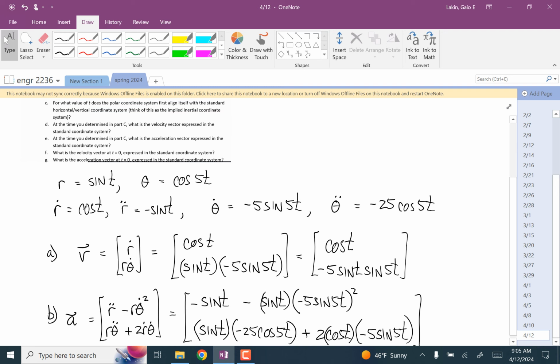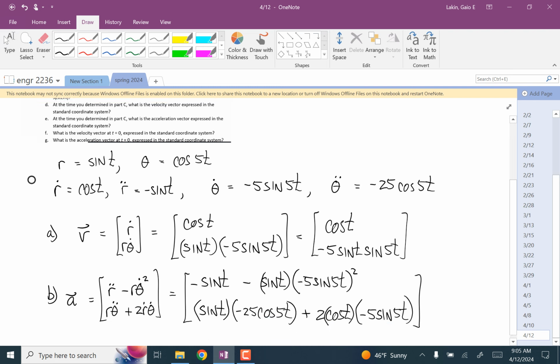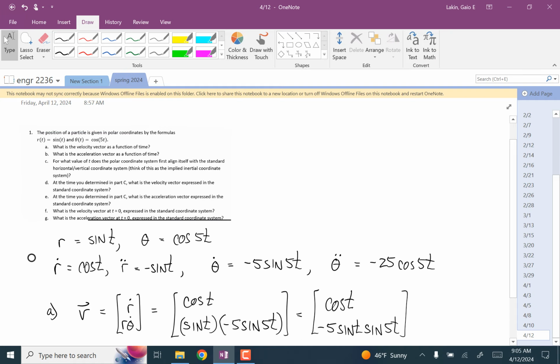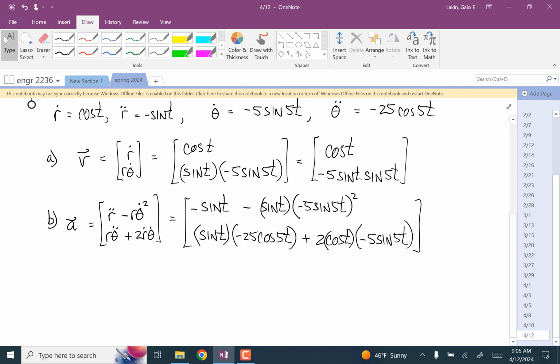Okay, so for what value of t does the polar coordinate system first align with the standard coordinate system? Okay, so when does our r theta coordinate system first align with the xy coordinate system?